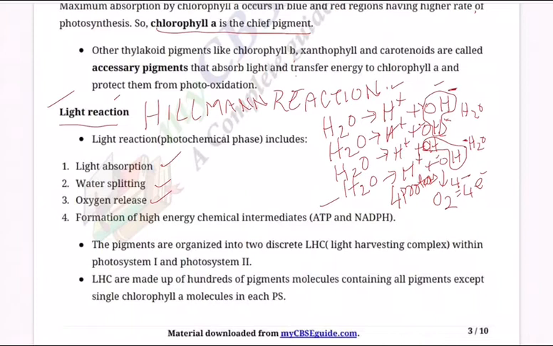Just for our understanding I have taken 4 molecules of water, and all the 4 molecules of water will split into 4 H plus and 4 OH minus, and in the bargain 2 molecules of water will be formed as byproducts, and oxygen is another byproduct.